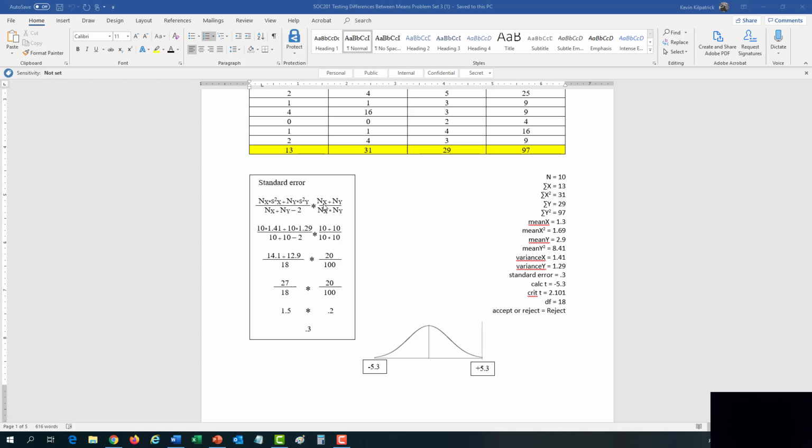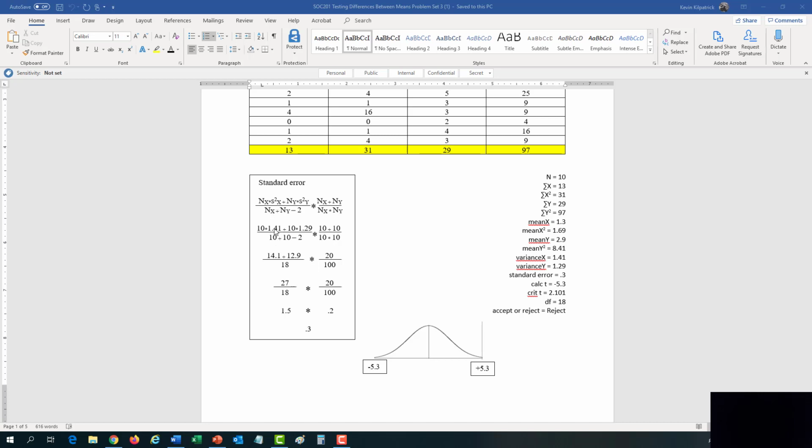So here's the formula. It has all of the n's and then just the variance for x and the variance for y. So we're just going to replace all of these symbols with values. So wherever n appears, we're going to put a 10. And then for these two variance values, we're going to put what we found.